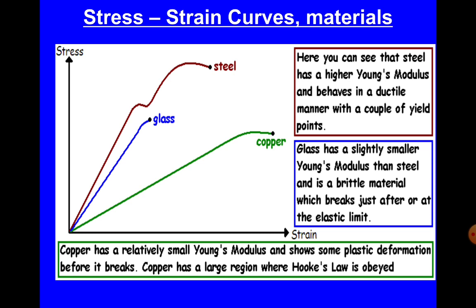When we look at glass, it has a slightly lower Young's modulus than steel, but we see it deforms a little bit and then it breaks off. If we look at copper, it follows Hooke's law nicely over a long stretch. We see that it's way less stiff and it shows plastic behavior, and it will break at the end.